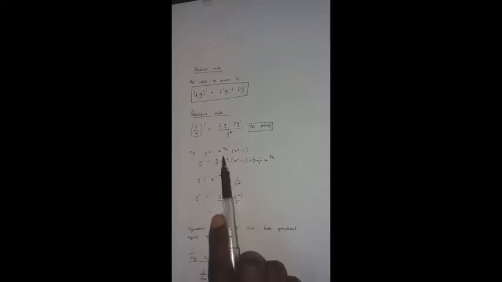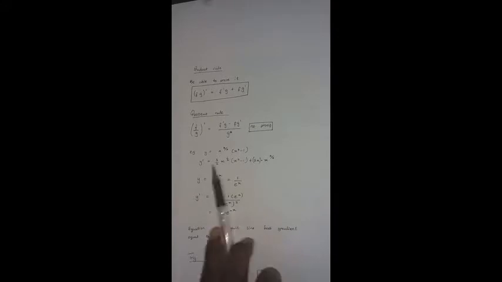And you just need to know this one, you don't have to prove it. An example would be this one for the product rule: y is equal to x to the power of 3 over 2 times x squared minus 1, and then you work it out.